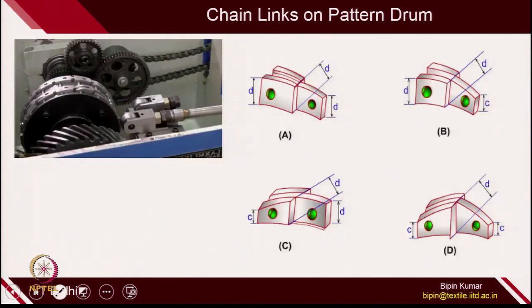So, chain links on the pattern drum are prepared by combining different types of links of different elevation and depression. Just now I showed you, you could have different heights of links, and depending on a particular type of shogging motion, you can arrange these links to create the lapping plan for a particular fabric.